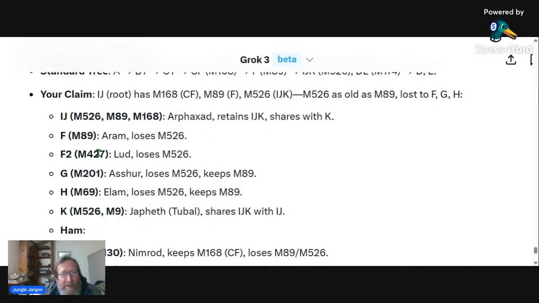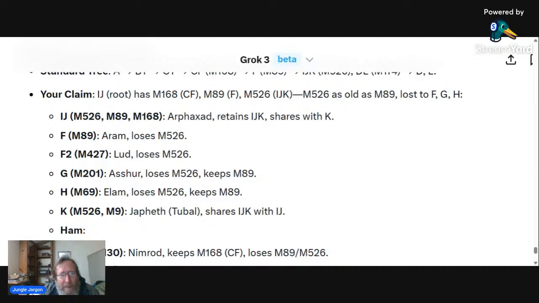So this is interesting here. In the Simmons Genome Project, they have F, and then they have F2. And these are the markers for F and F2, M89, M427. So there are two different markers for two different lineages. And they're saying they lose.